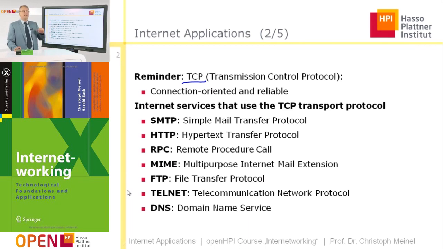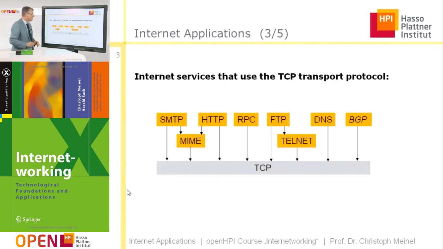These are all Internet applications located on the application layer, and they hand over their data in their special format to the transport protocol, and then TCP takes care of the reliable transport over the Internet.